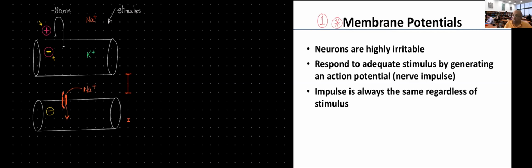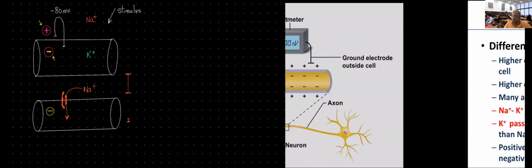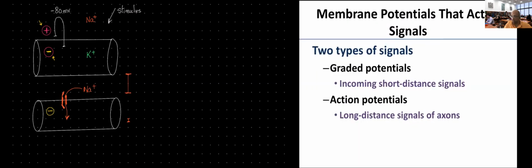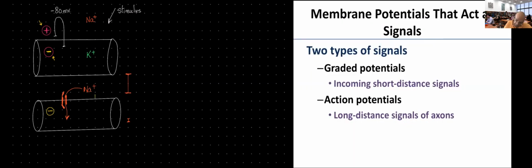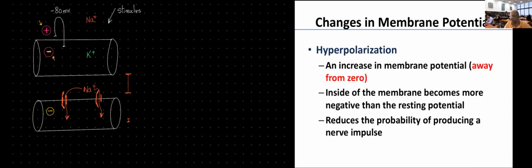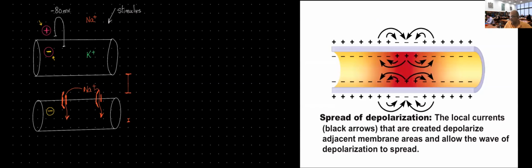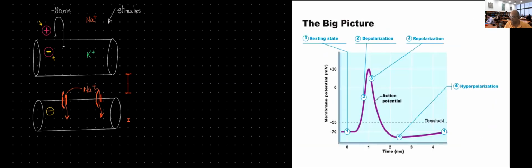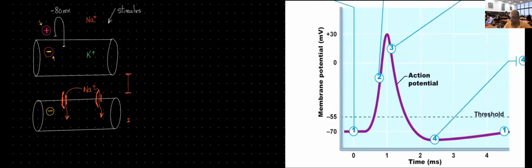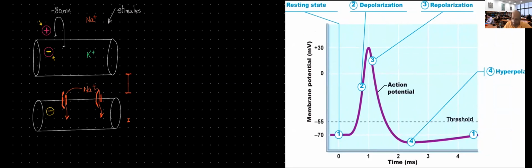As more sodium keeps moving in, if I open enough sodium channels, this will cause a cascade of sodium channels opening to the point of no return. So the sodium keeps moving inside the cell, and the inside of the cell, as a result, is going to become more positively charged.